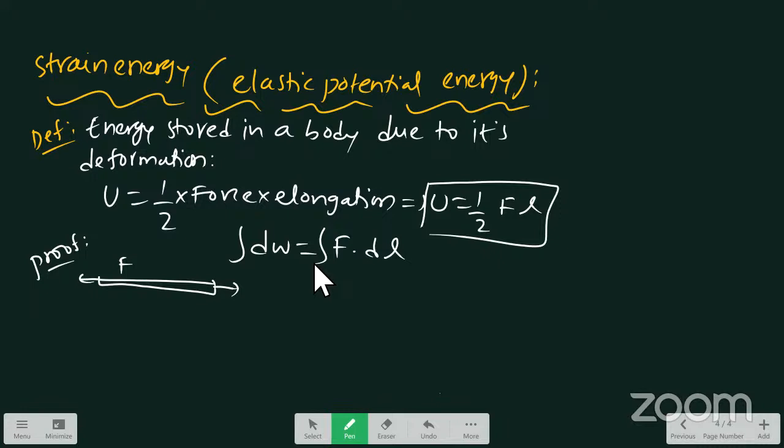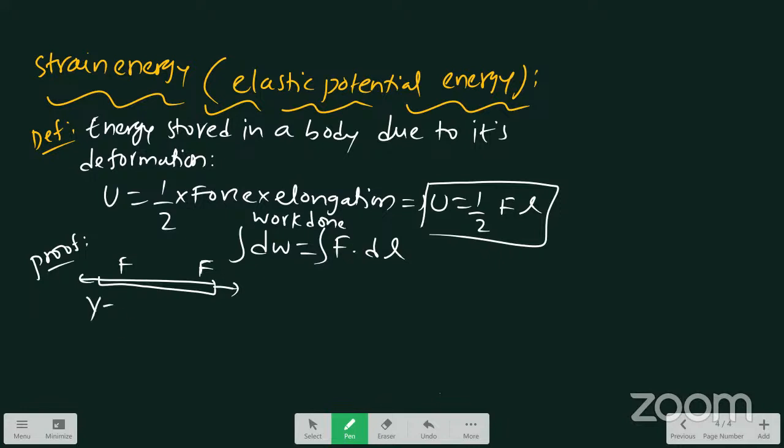By using integration, we can get the overall energy. When we are applying force on a body, it deforms, meaning the shape of the body changes. When we are applying force, the amount of work done is force into displacement.